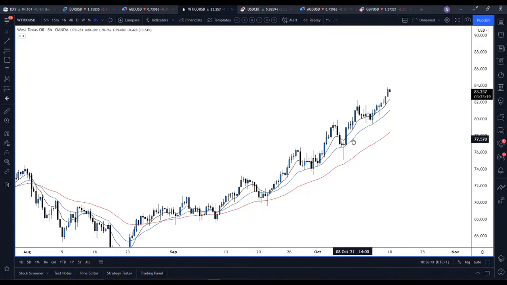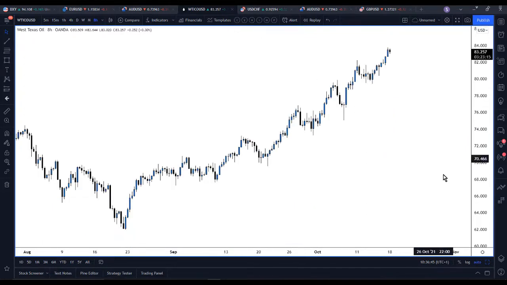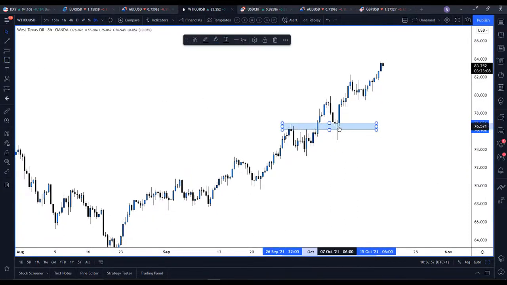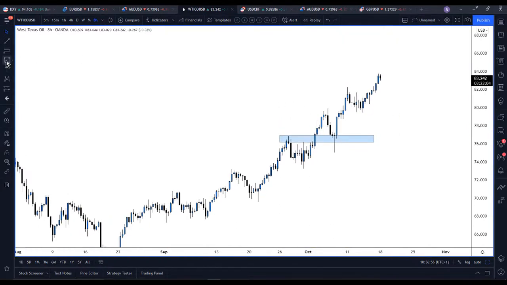But take the moving averages off. Okay, I like to show you different sides of the picture. There's your swing high, there's your pullback into the level, there's your morning star pattern. Okay, similar resistance, support goes.